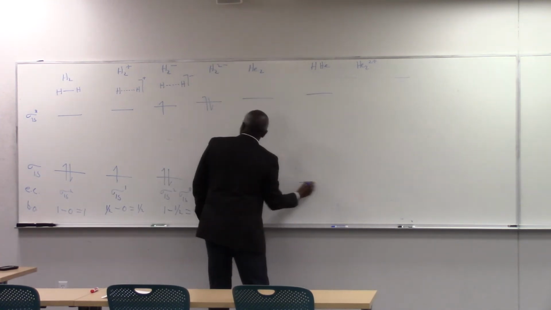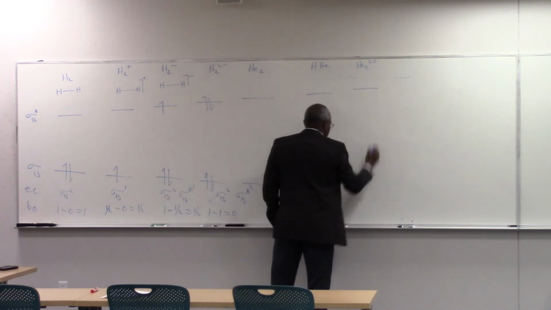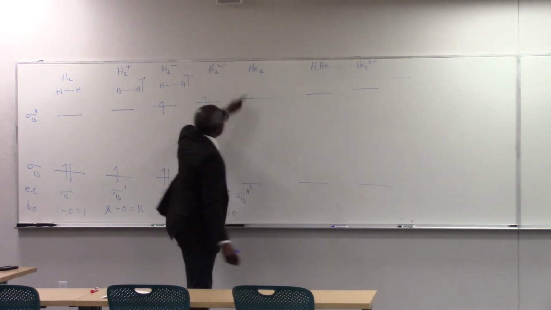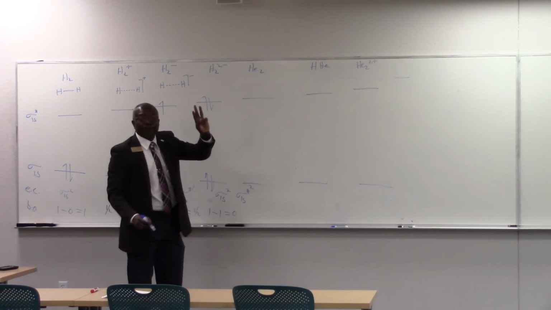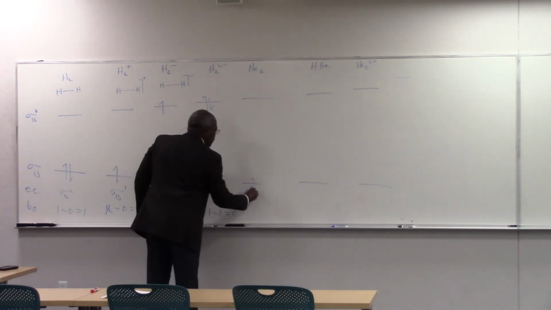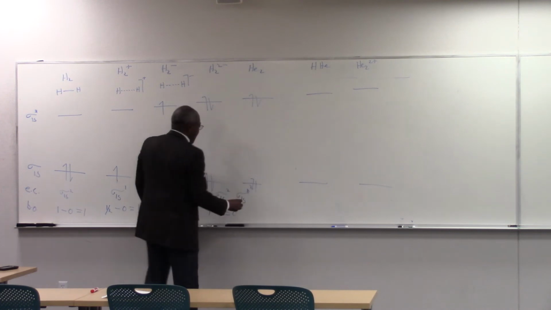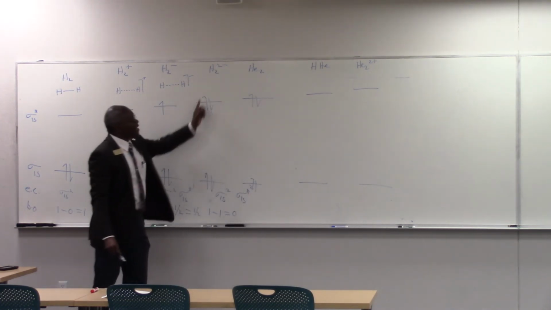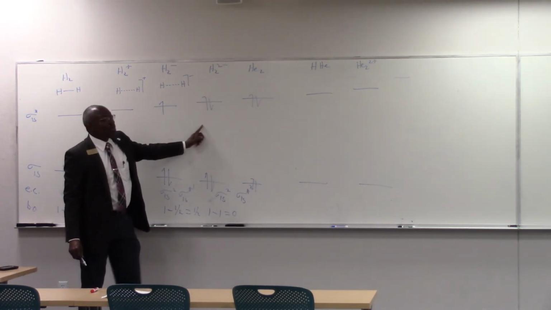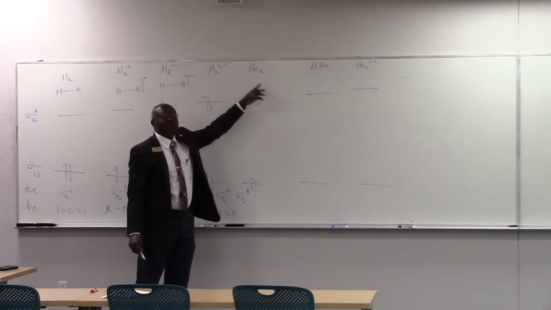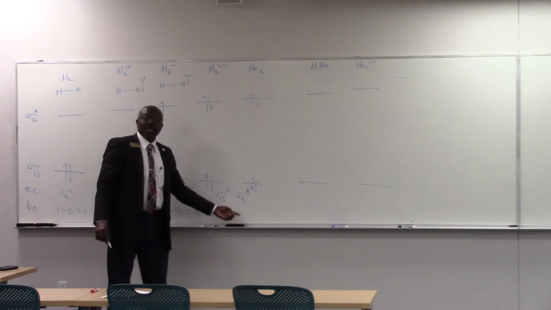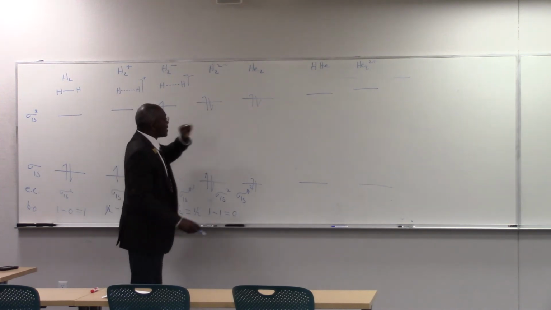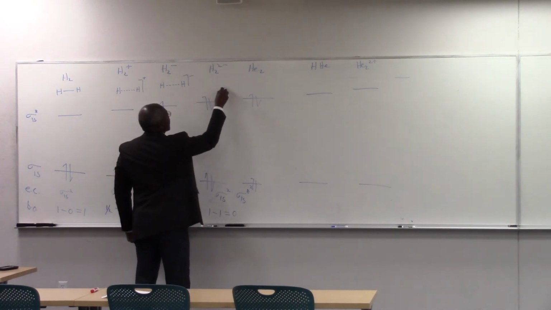I've got the same menu of sigma and sigma star. He2: helium has 2 electrons, so the 2 of them, that's 4. That is the same as H2 2 minus, which is why dihelium has no existence, because the bond order is 0.